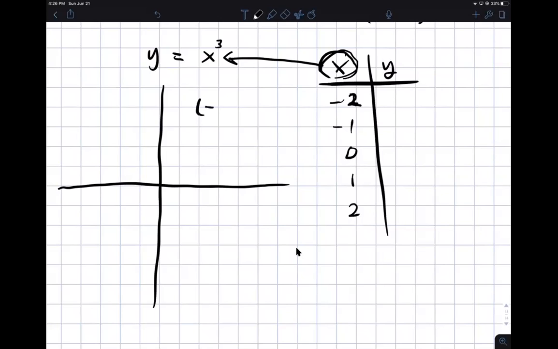Wait, it would be just -2 cubed, which is -2 times -2 times -2. So what would that be? -8, right? Yeah, perfect. It would just be -8.